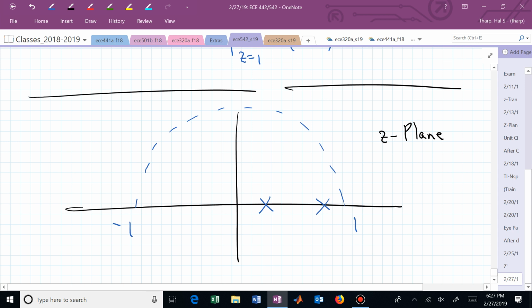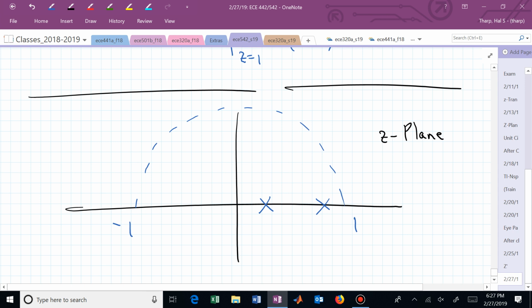And now when I say dominant, or if I say 3/4 and 1/4, do you see the modes? Now you have a mode at 3/4, which gets raised to the n, and you have another mode at 1/4 raised to the n. Which of those is the faster? Which one decays most rapidly? The one at 1/4.